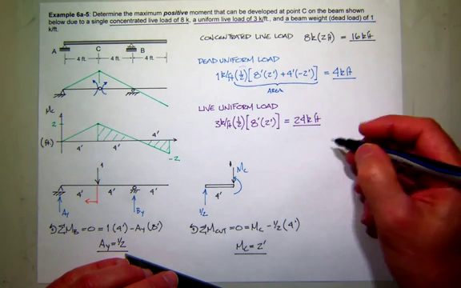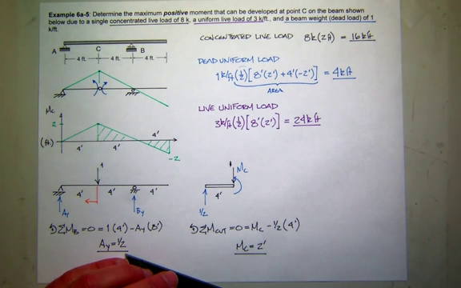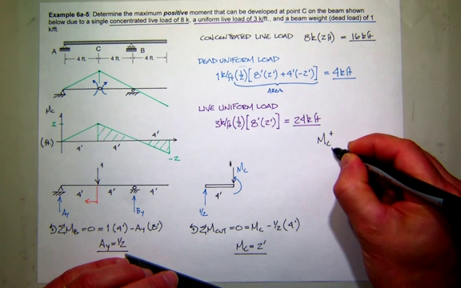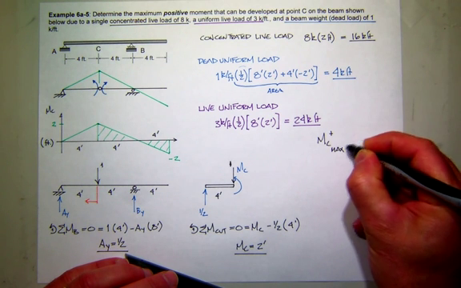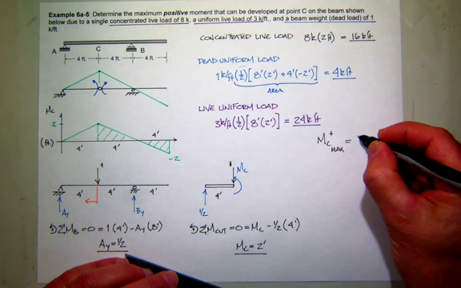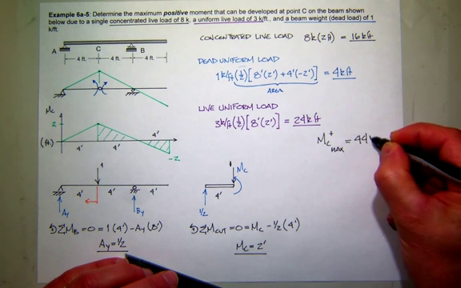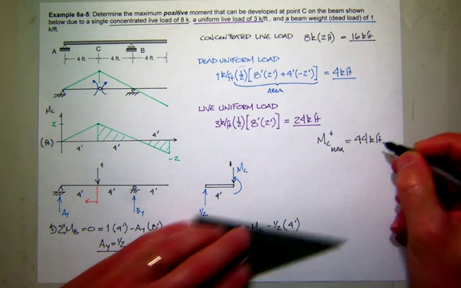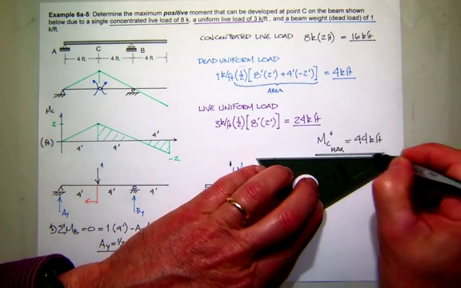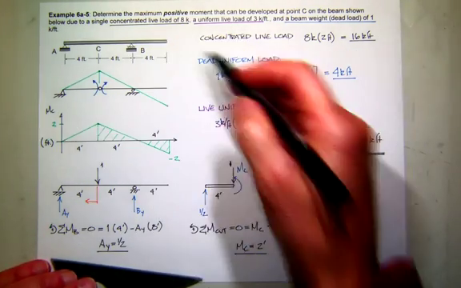So I'll just add all these together. So the moment at C, positive, max, is just going to be these added together. So that's 20 plus 24 is 44. So that's the maximum moment that I can generate at C for this set of load.